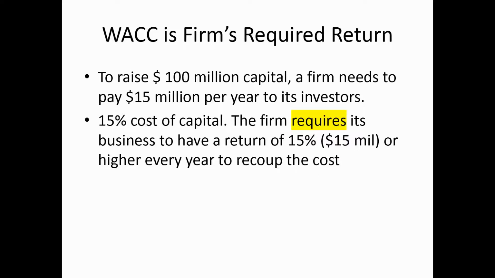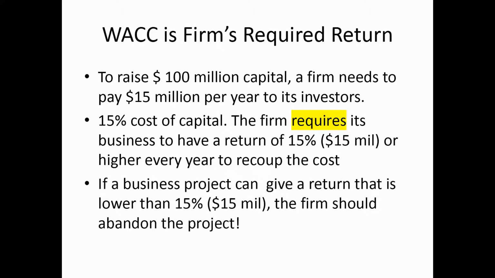And then the firm would require its business to have at least 15% or higher every year to recoup the cost. So the desirable returns would be over 15%, like 16, 20, 25, or 30. If a business can give a return that is lower than the cost of capital of 15%, then the firm should abandon the project.